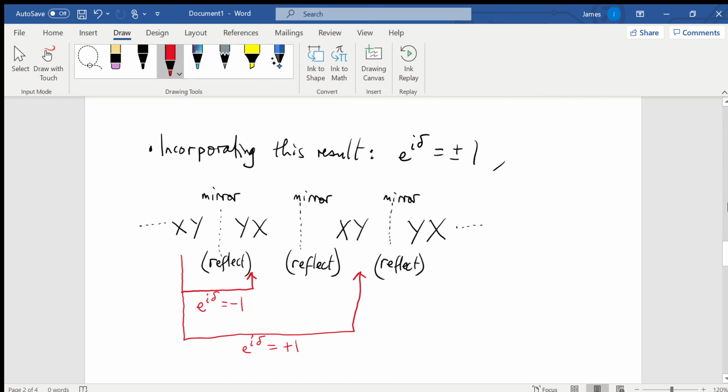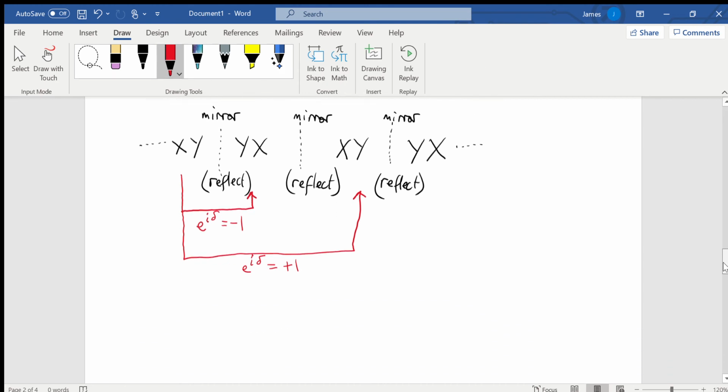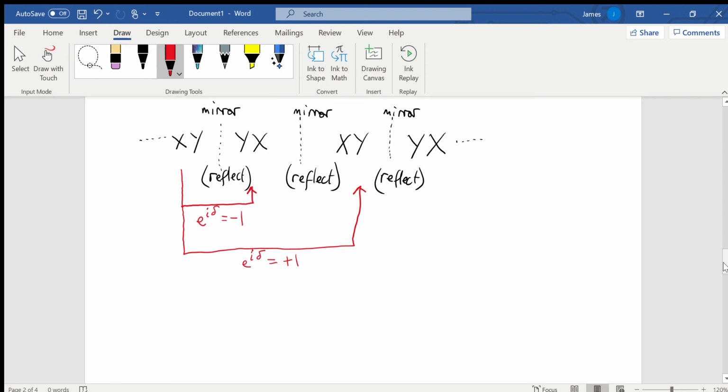Let's go to the last one, at least in this diagram. Let's go all the way here.